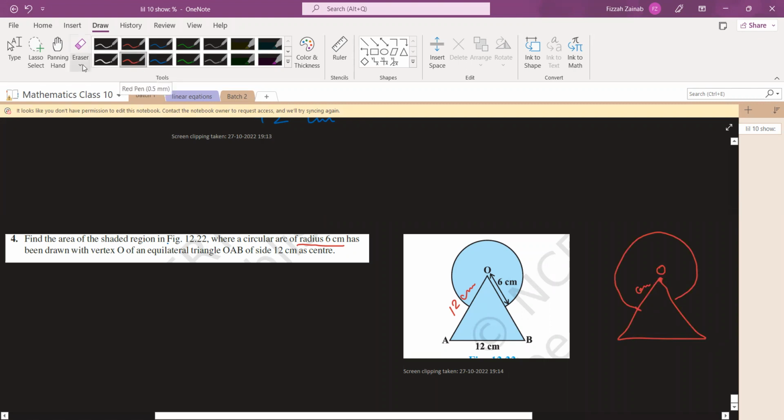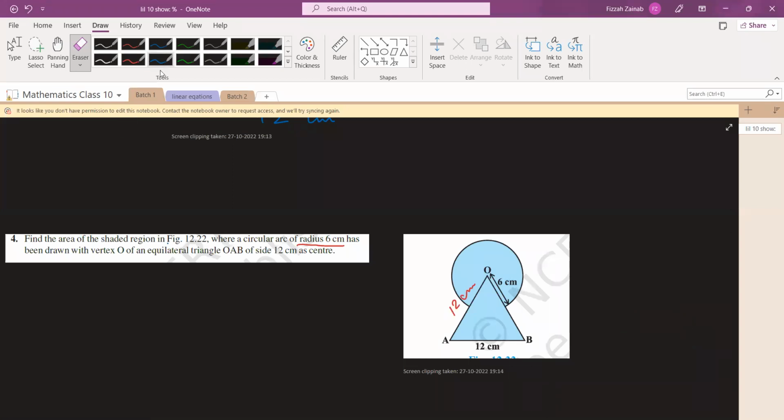Okay, Arshia, can you hear me? Yes, ma'am. Now tell me, what should I do in this question? First of all, which area do I have to find? The area of the shaded one. Okay, how will I find it? Which figures should I consider here? Please tell me. Both of them are shaded. Yeah, OAB is a triangle I can see.